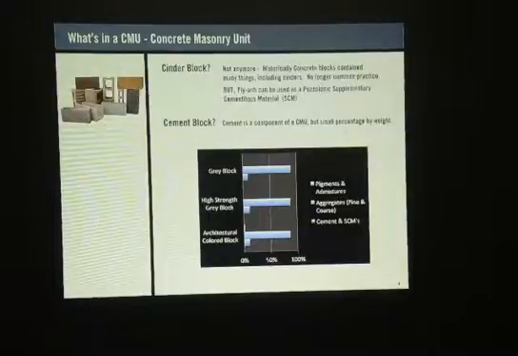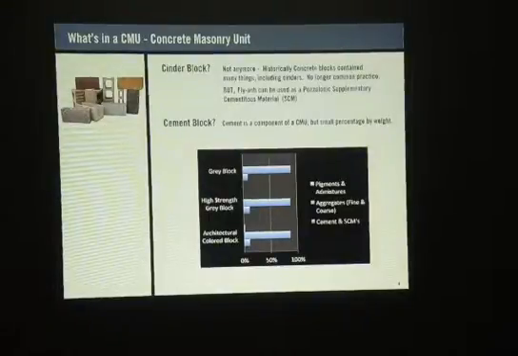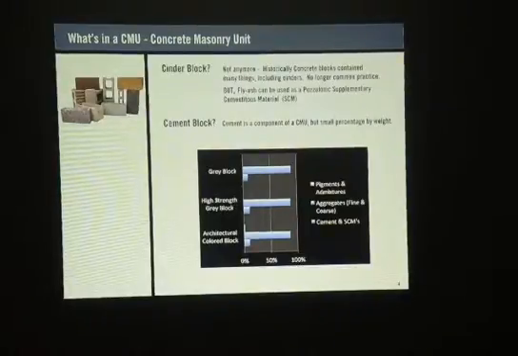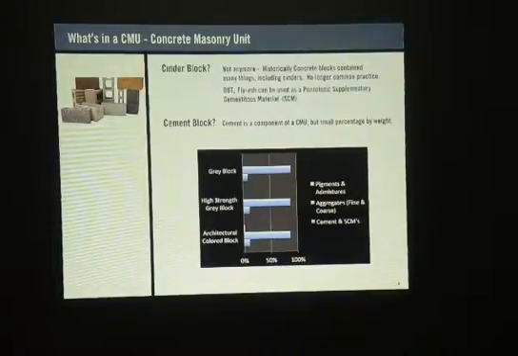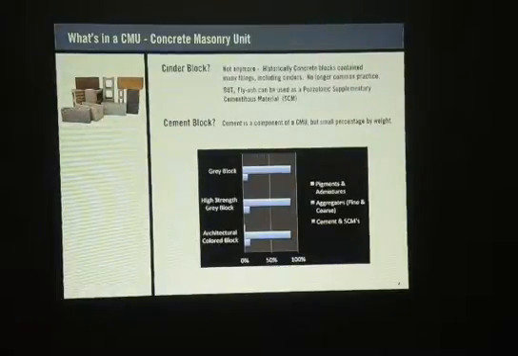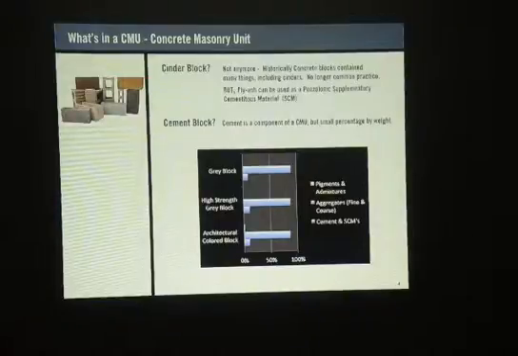The answer is yes. The maximum fire rating allowed is very, very likely and possible, and it's easy to attain with a fully grouted block wall. And we'll go through some slides and talk about that a little bit later. Also, acoustical value, okay? The acoustical values are great with block wall, and again, fully grouted, okay?